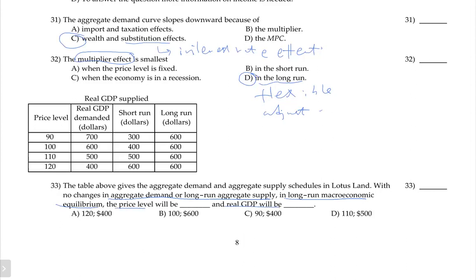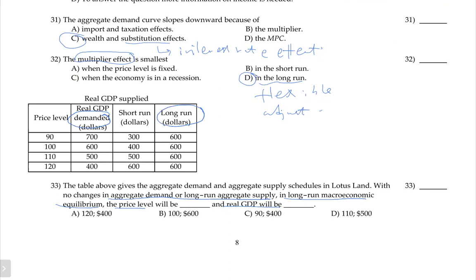So we need to find out the long-run equilibrium. Okay. Right, so what happens in the long run? In the long run, the equilibrium is going to be determined by demand and the long run aggregate supply.